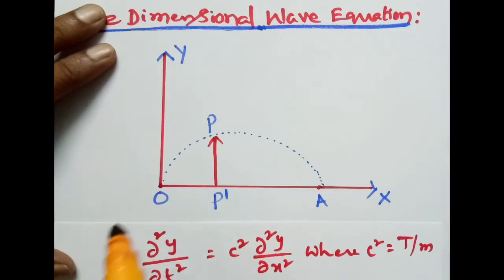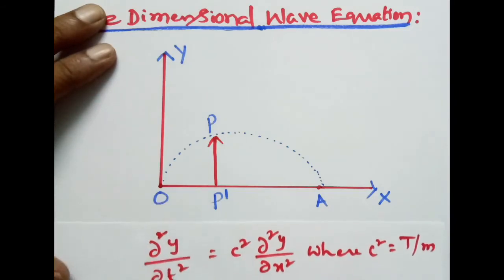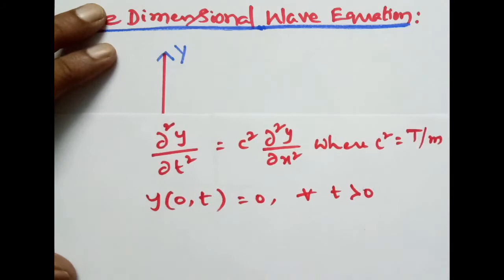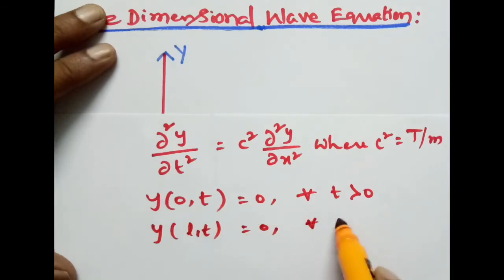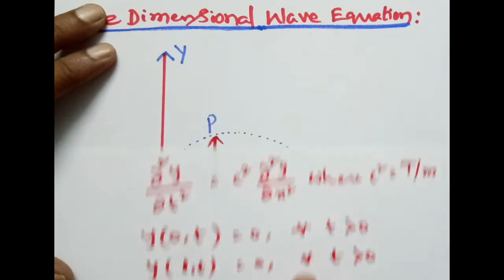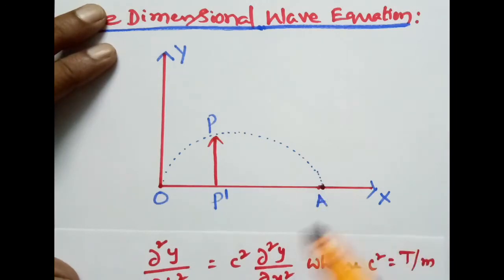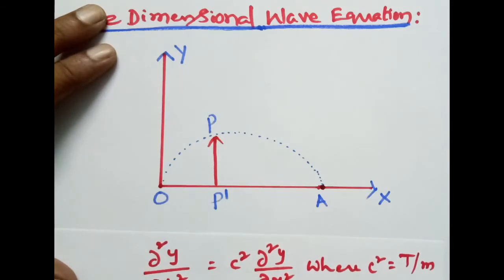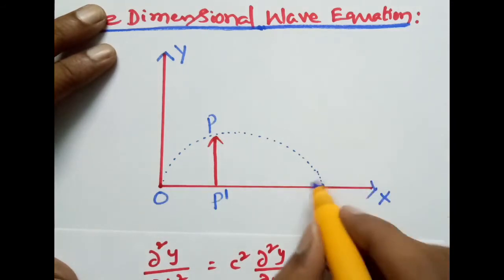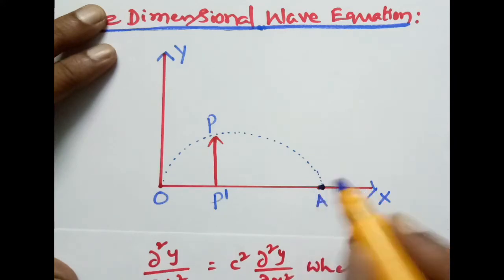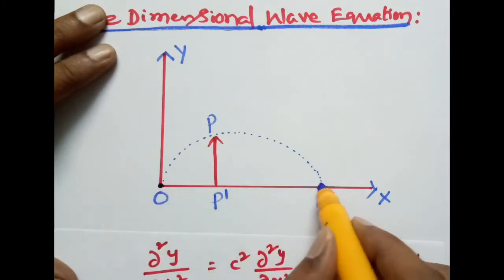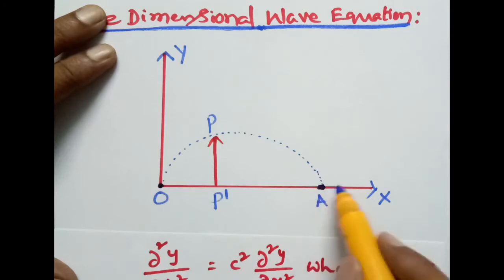So that is one boundary condition. Another boundary condition is y of L comma t equal to 0 for all t greater than 0. Here at the other endpoint, the displacement at any time t is 0.